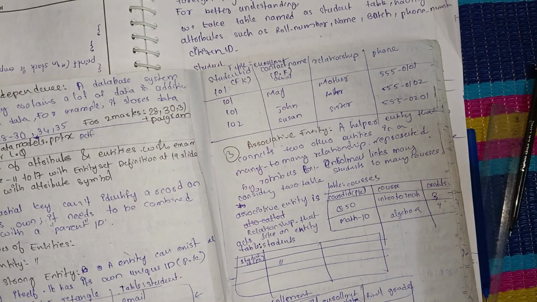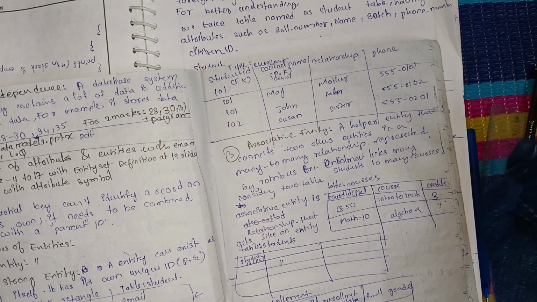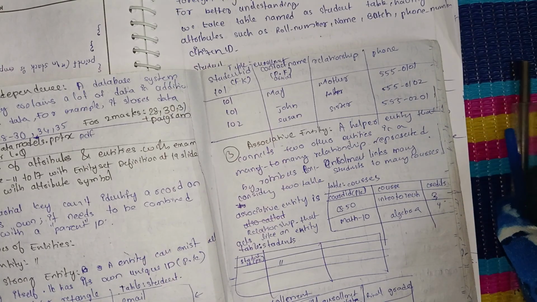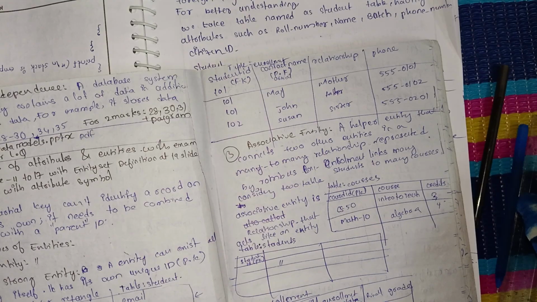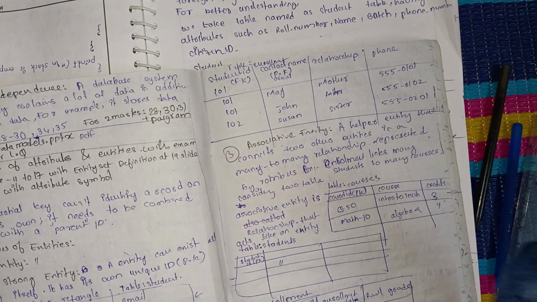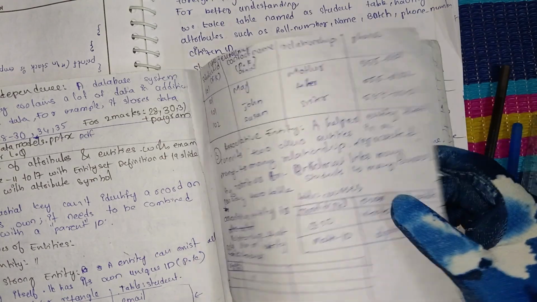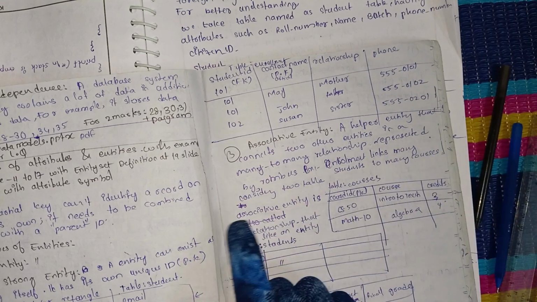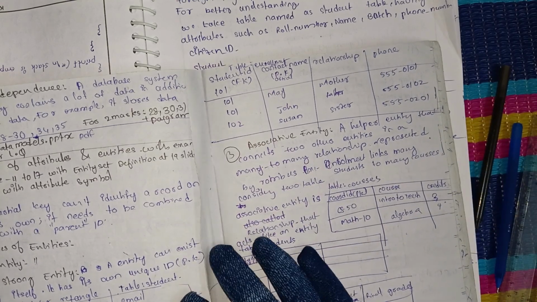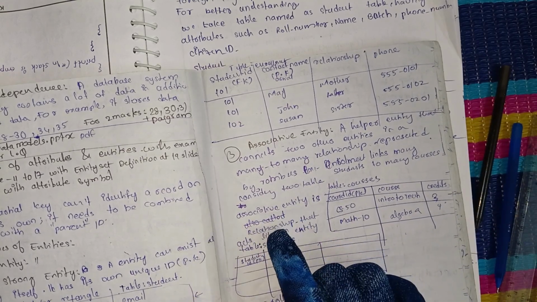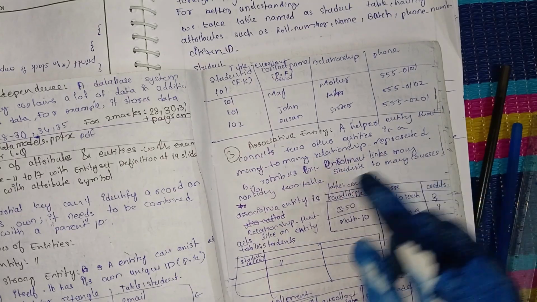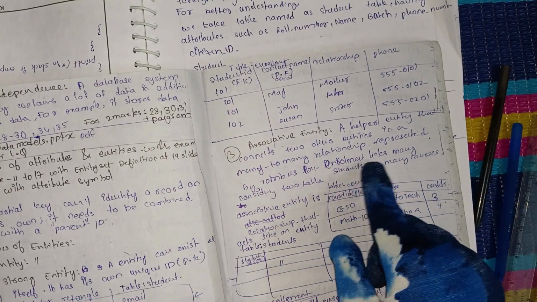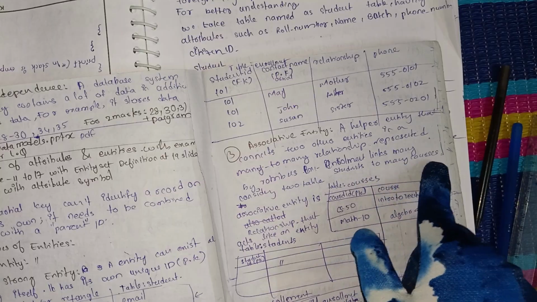We already know the relationship definition, that is the association between two entities. Here I have taken one example, that is enrollment links many students to many courses.